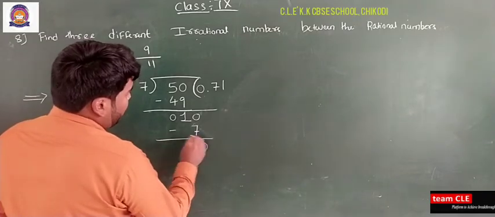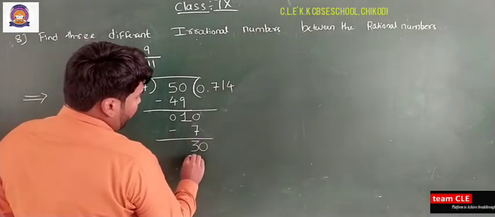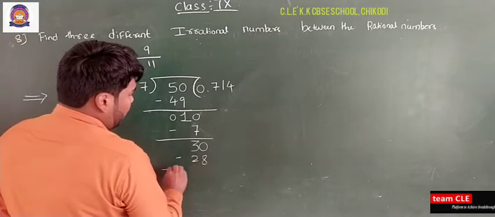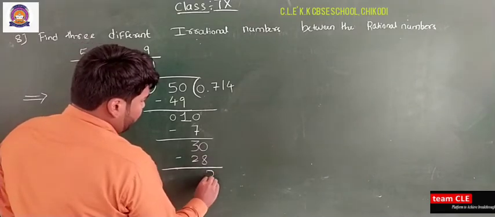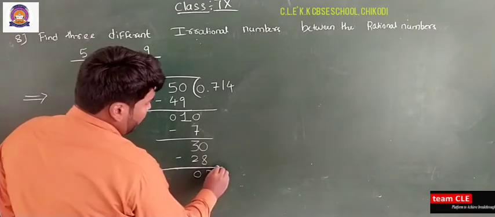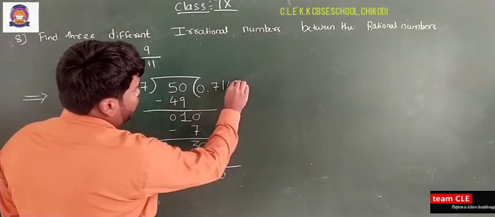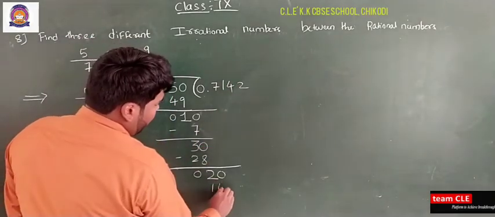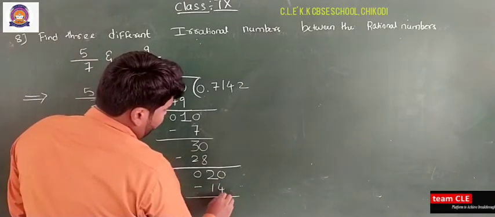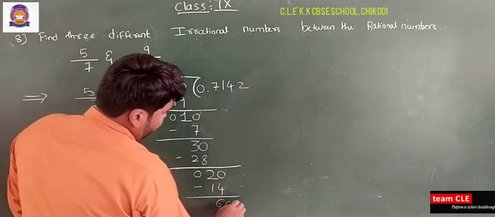Again increase by 1 zero. 7 4s are 28. So 30 minus 28 you get 2, that is 0 2. Again increase by 1 zero. 7 2s are 14. So 20 minus 14 you get 6. Again it is 60.